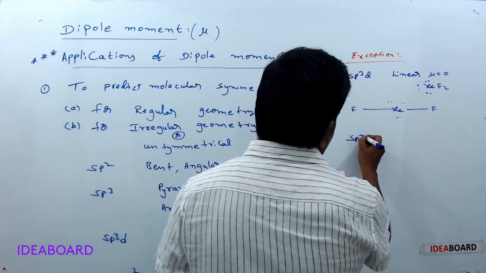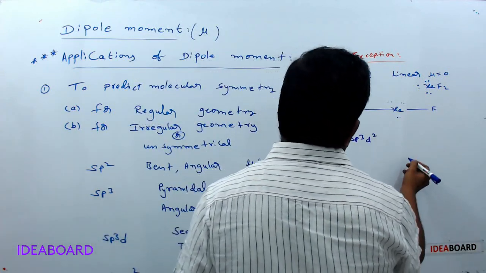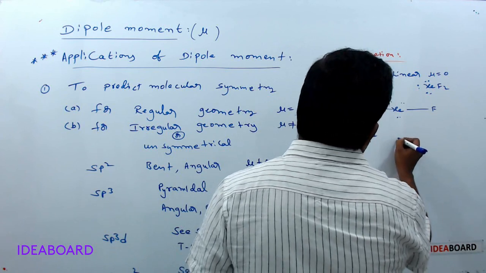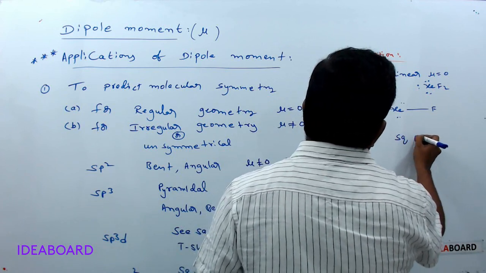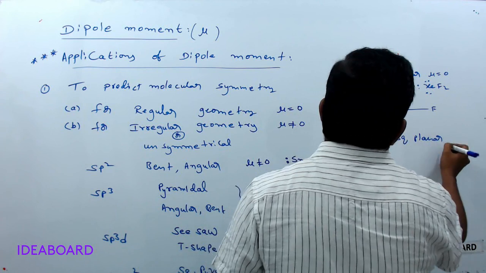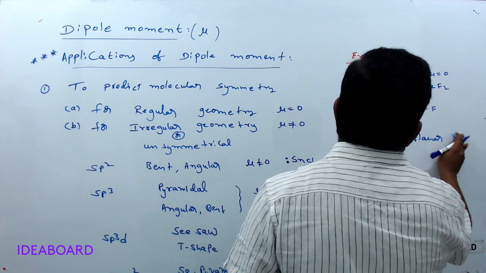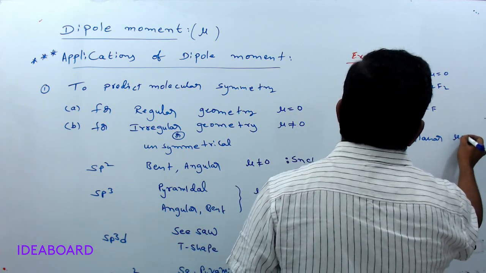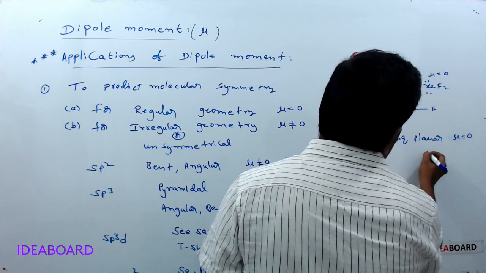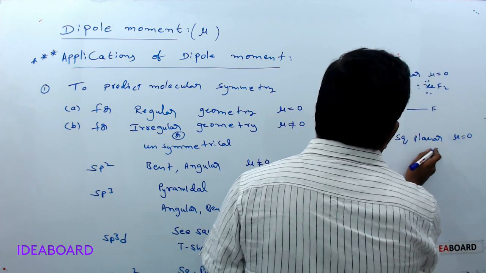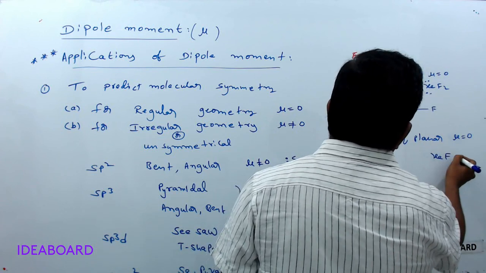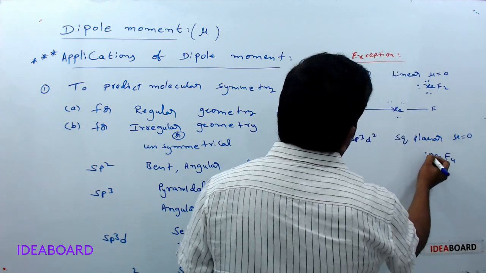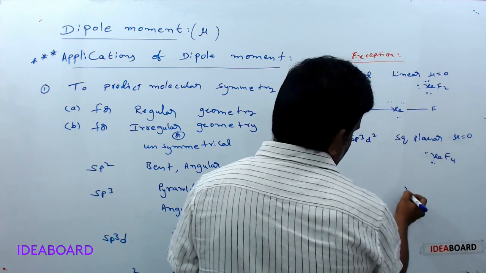Similarly, sp3d2 hybridization, here it has square planar shape, and here the dipole moment is 0. Example for this is XeF4. XeF4 molecule, it has two lone pairs.